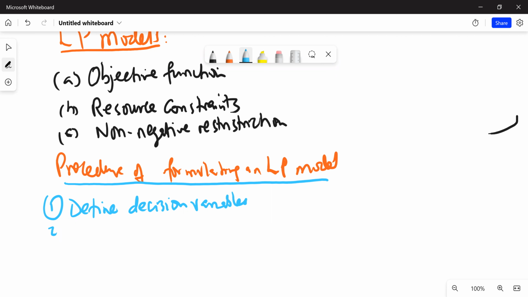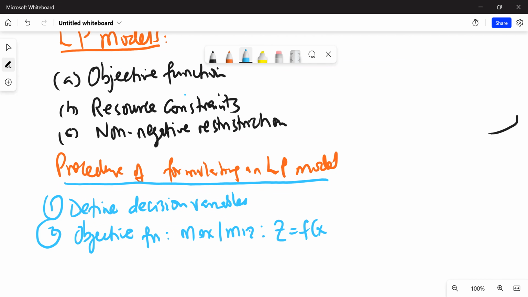Then after that is when you define your objective function. So here you say what will be maximized or minimized, and you write this in the form of some function, usually a straight line kind of function. It's an equation. The decision variables are the x's, so you can have x1, x2, all the way to xn.